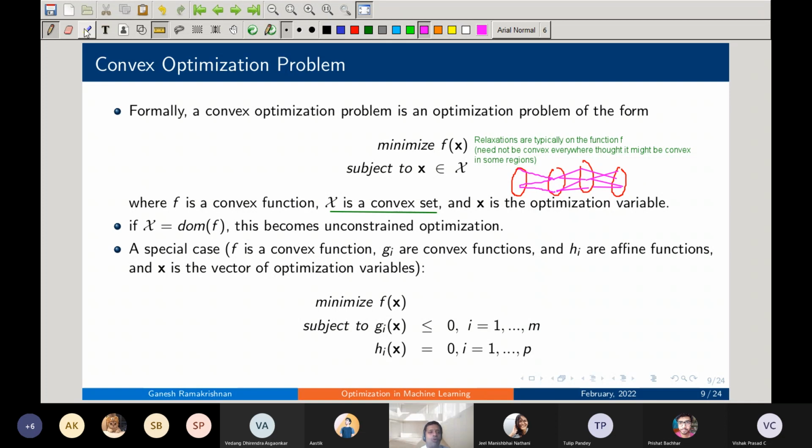If now I froze all the weights except the last layer weights, the function viewed only as a function of the last layer weights in most settings will be convex. So that's the notion of a region we are talking about.